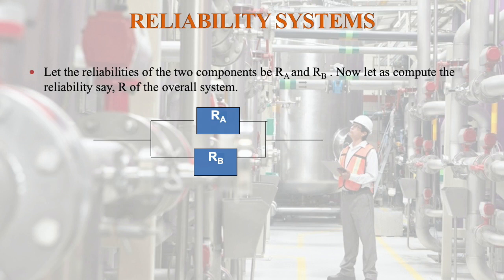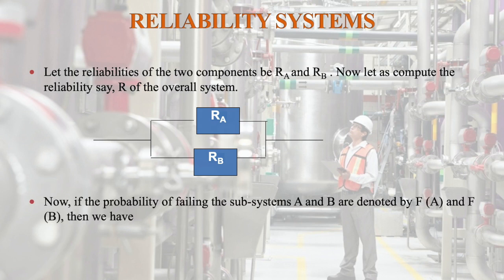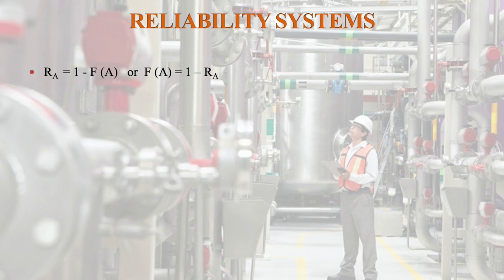If the probabilities of failure of subsystems A and B are denoted by FA and FB, then RA is equal to 1 minus FA, or FA is equal to 1 minus RA. RB is equal to 1 minus FB, or FB is equal to 1 minus RB.